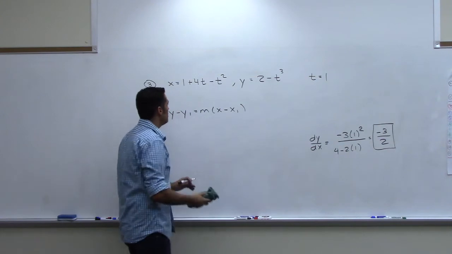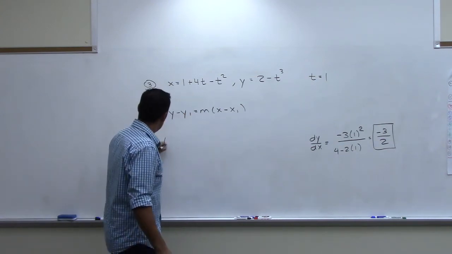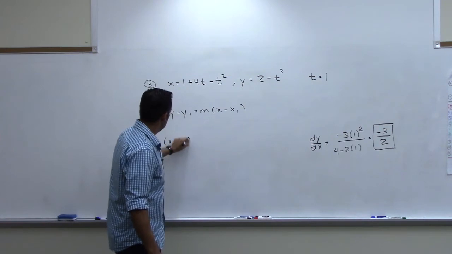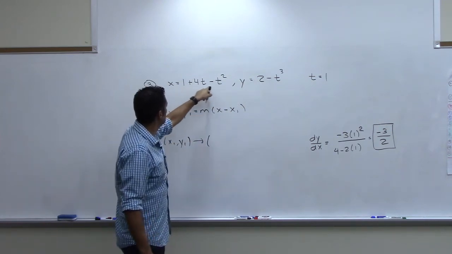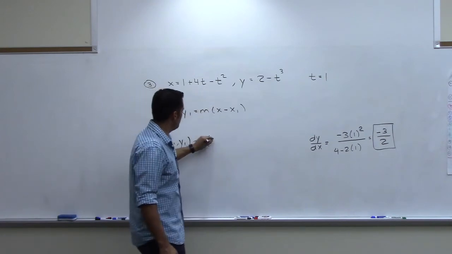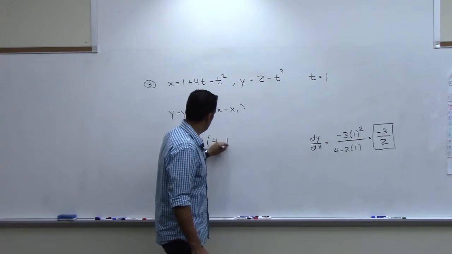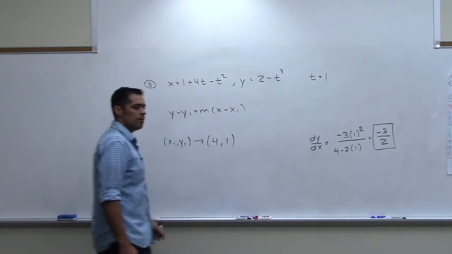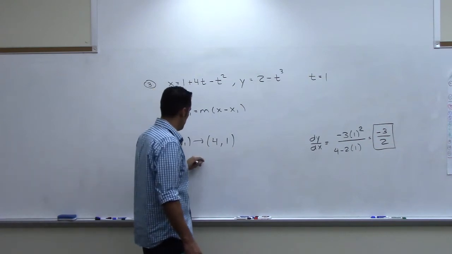Okay, so the point that we have here, x1, y1, is just what? So plug 1 into this, you get 4, 5, take away 1, so you get 4. And then here, plug in 1, you just get 2 minus 1, 1. So the point is 4, 1, and then we already knew that our slope was negative 3 halves.